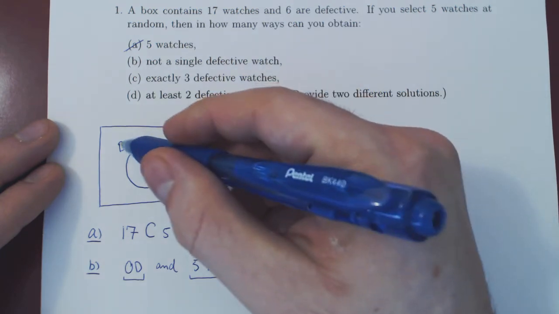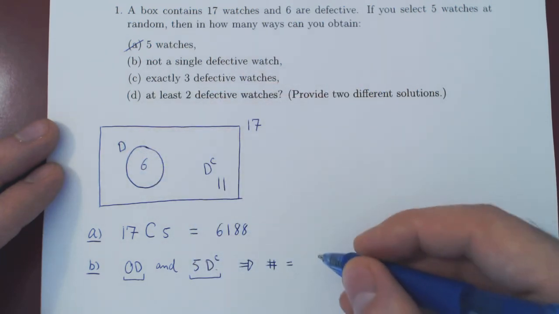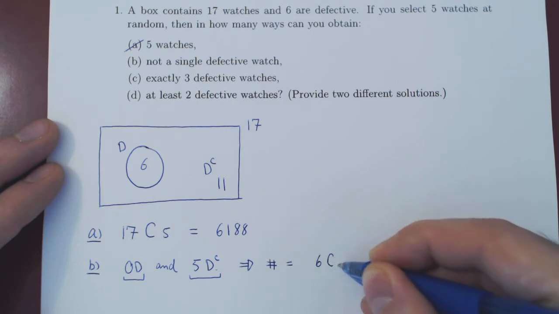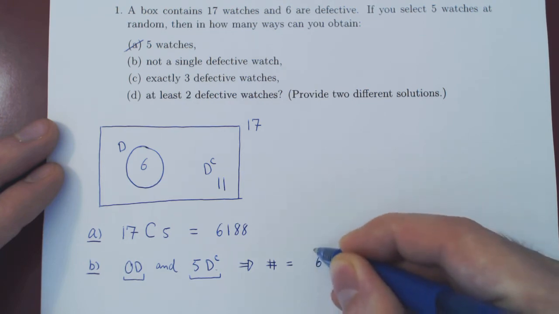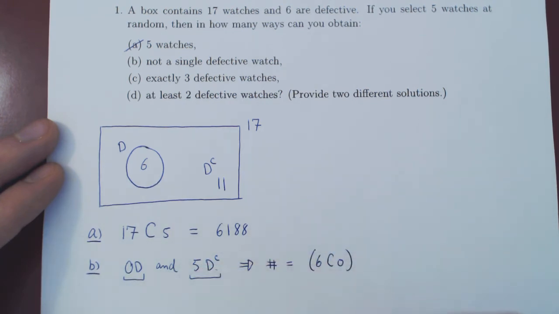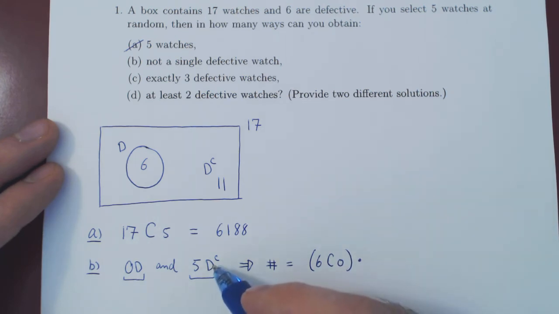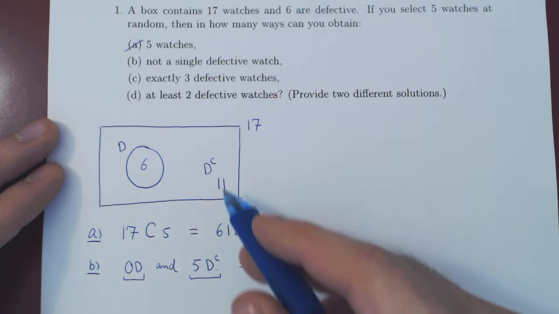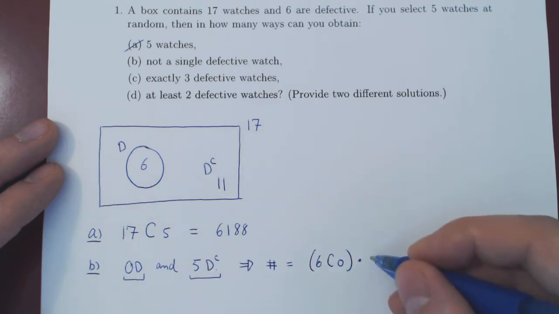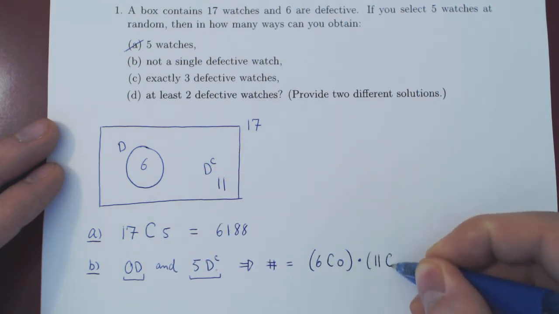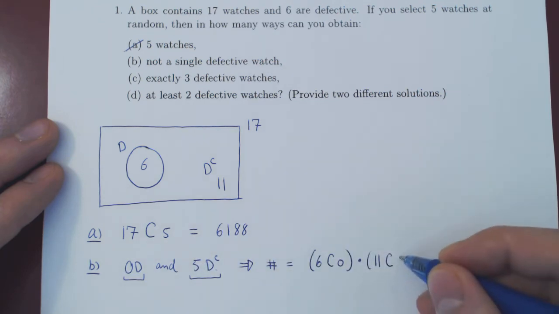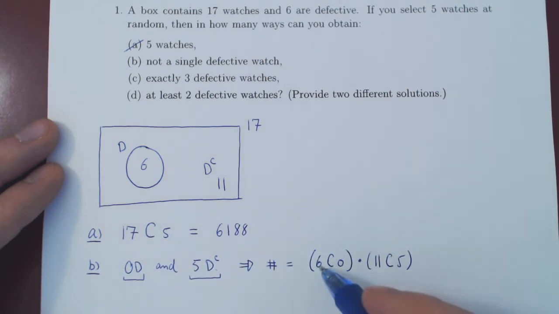So, out of the 6 defective watches, we are choosing none, and n means multiplication, and times out of the 11 non-defective watches, we are choosing 5. And that is our total number of possibilities.